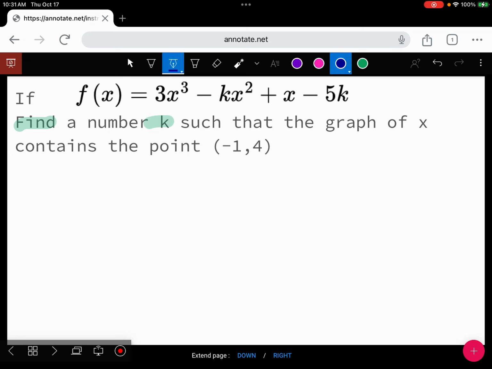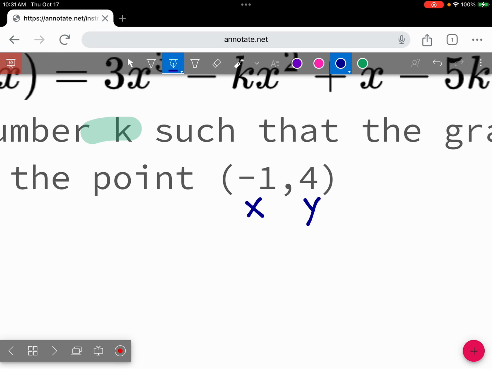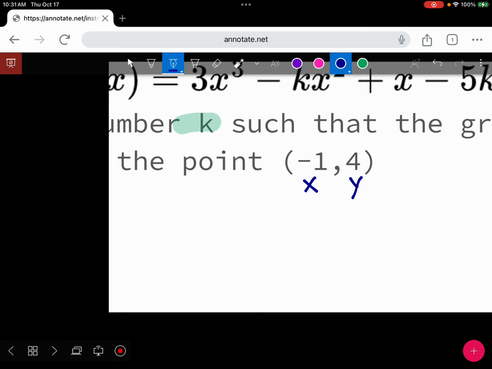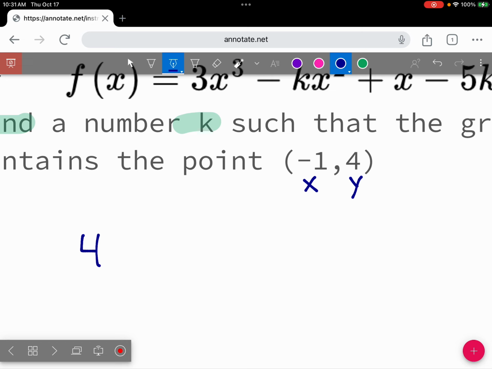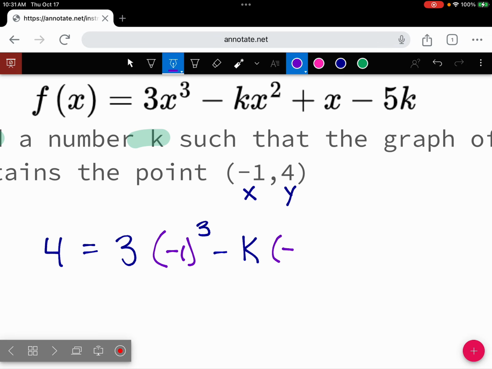What's your instinct? Don't say cry. Substitute. I have an x, I have a y. Substitute them in. My y is 4, and it's going to equal 3 times my negative 1 cubed, minus k times my negative 1 squared, plus my negative 1, minus 5k.